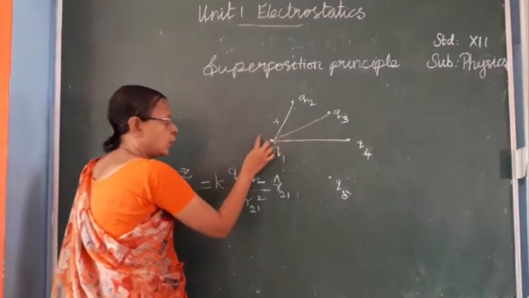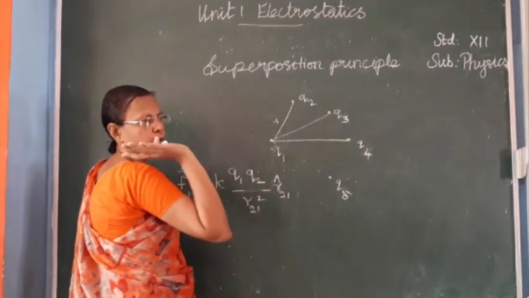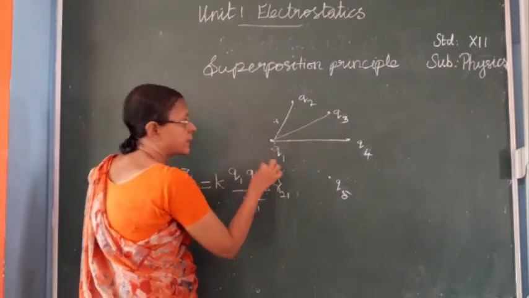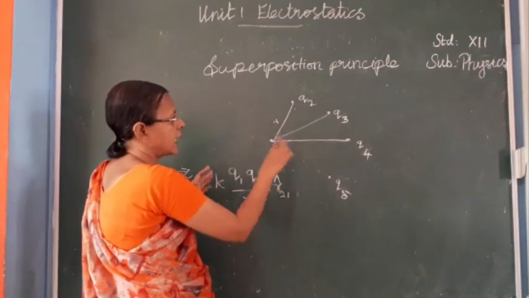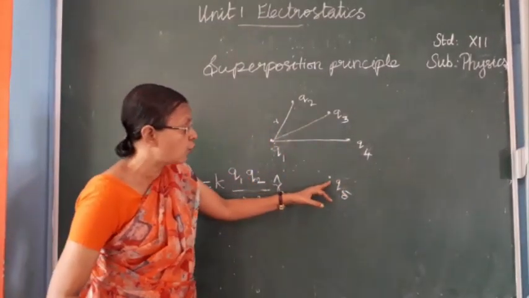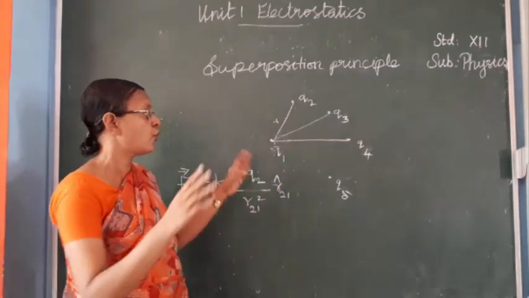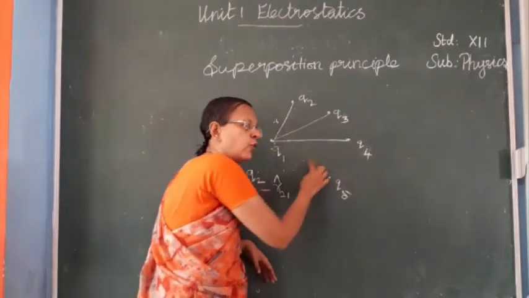So Q1 is experiencing a force because of Q2. Then Q1 is experiencing a force because of Q3, because of Q4, and because of Q5.